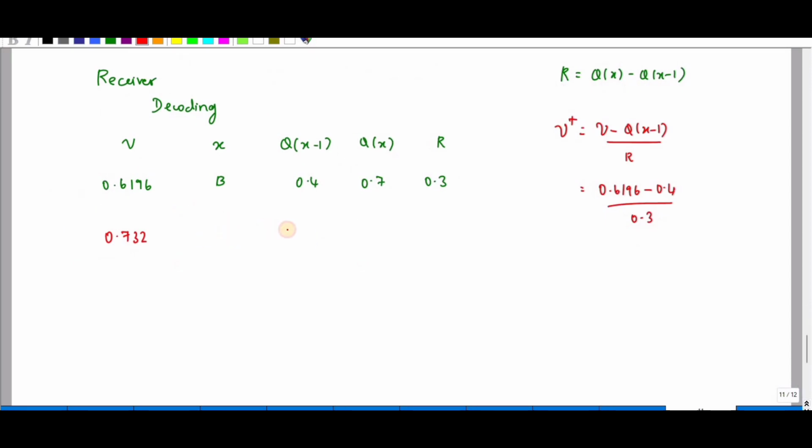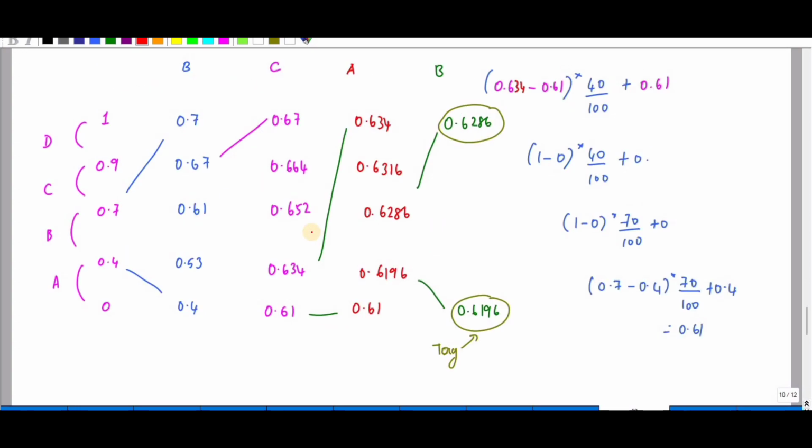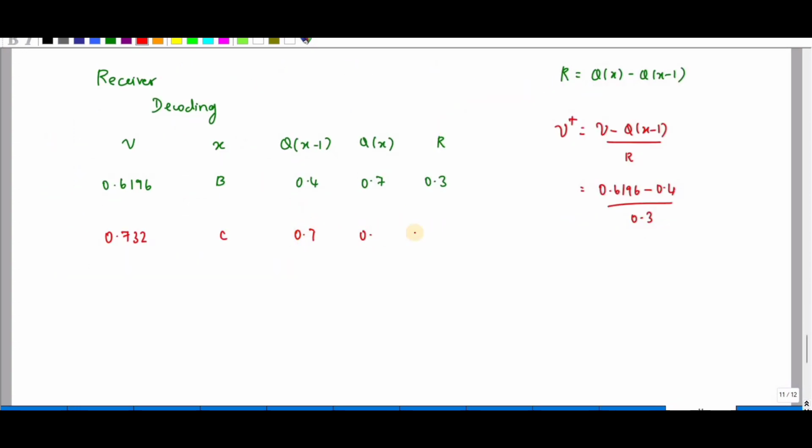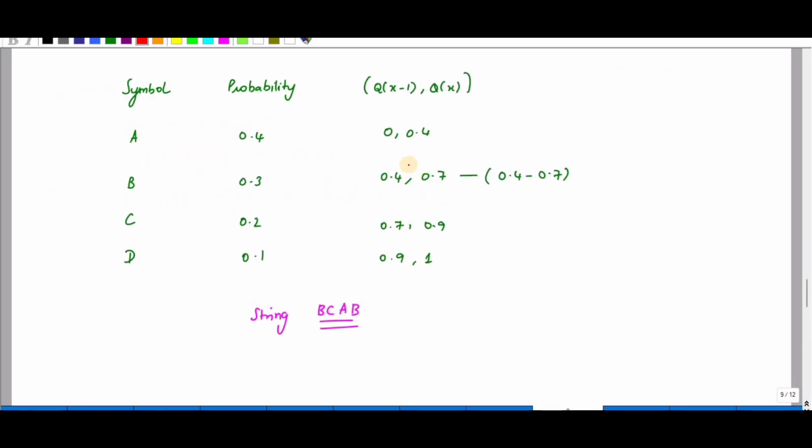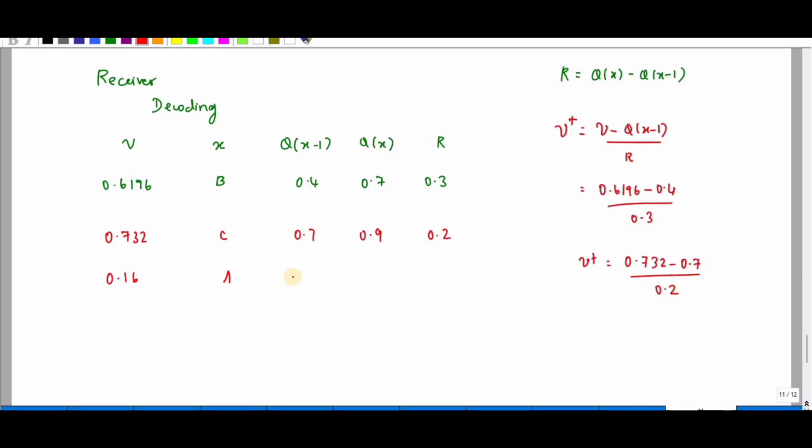For C, the minimum value is 0.7 and the maximum is 0.9, so the difference is 0.2. To find the next value, we substitute 0.732 minus 0.7 divided by 0.2, which gives 0.16. 0.16 is in the range of A, which is 0 to 0.4, so the difference is 0.4.